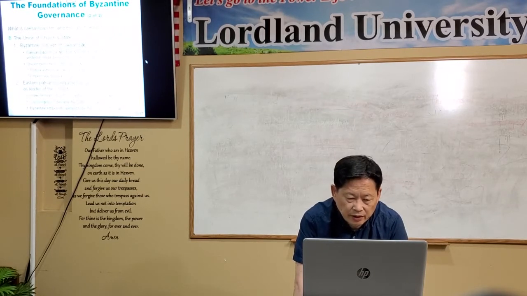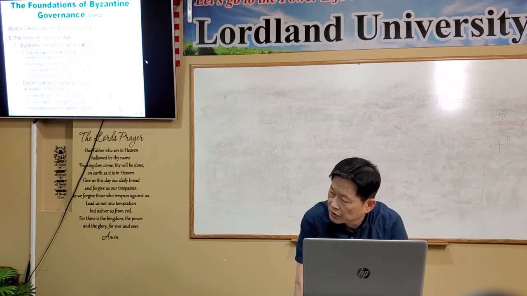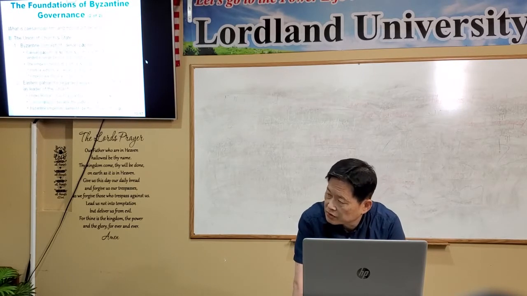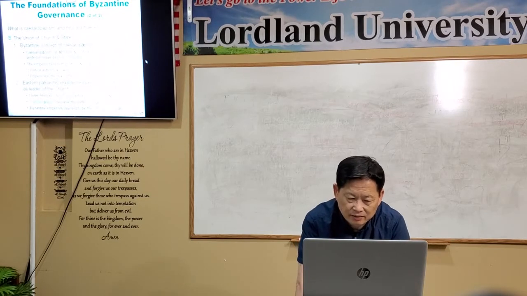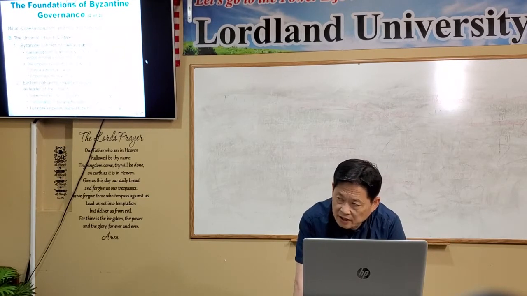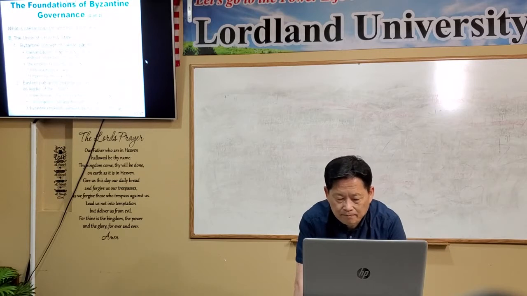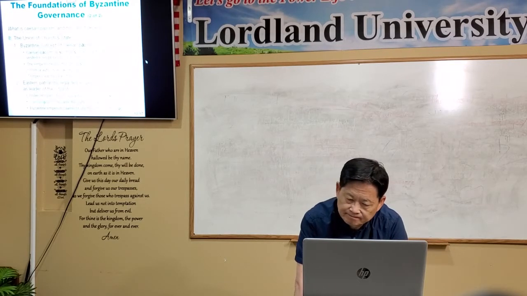B, the union of church and state. Number 1, the Byzantine concept of Caesaropapism.